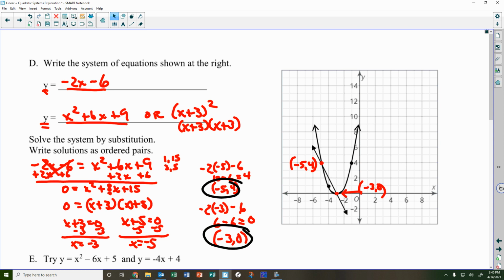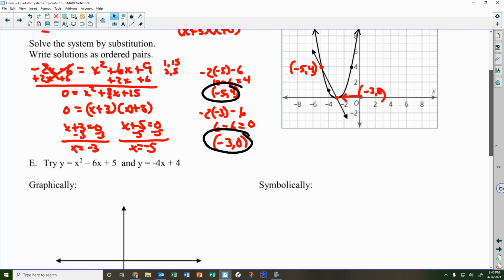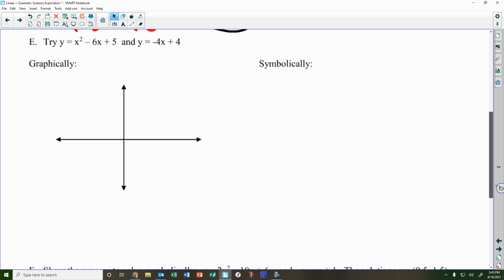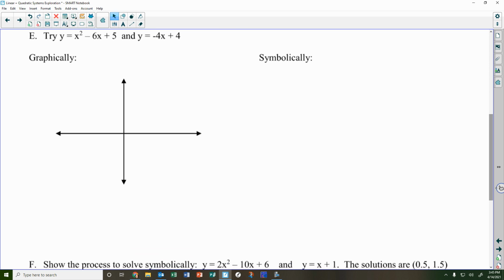Now E, if we try to show this graphically, let's see if we can make this graph maybe a little bit bigger, since we got a little bit more room.